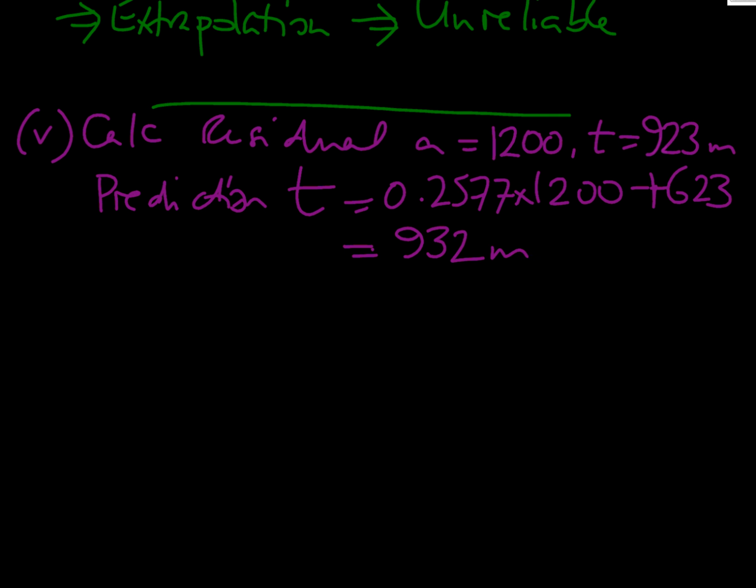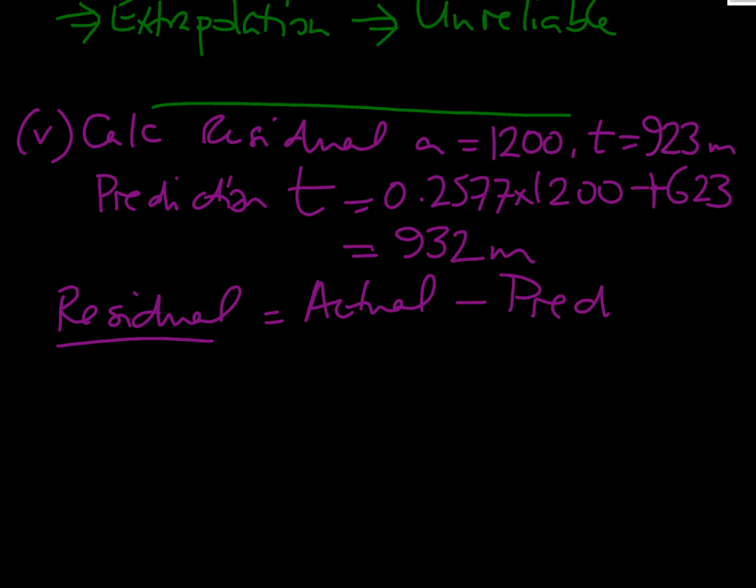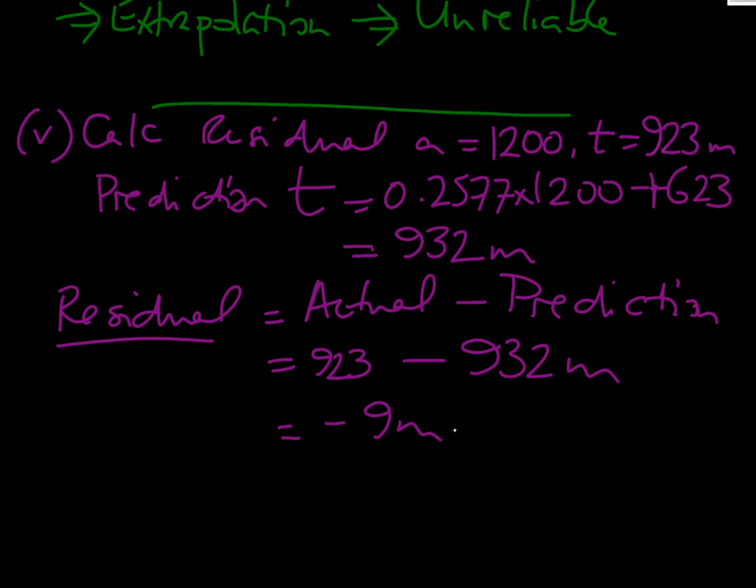932 meters. Now the residual is the actual minus prediction, and in this case therefore we're going to have 923 was the actual, the observed. We're going to take away 932, so we've got a minus 9 meters here.